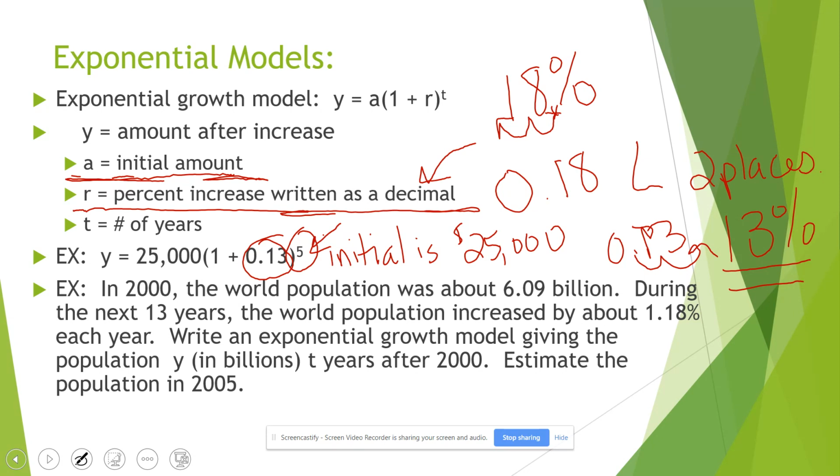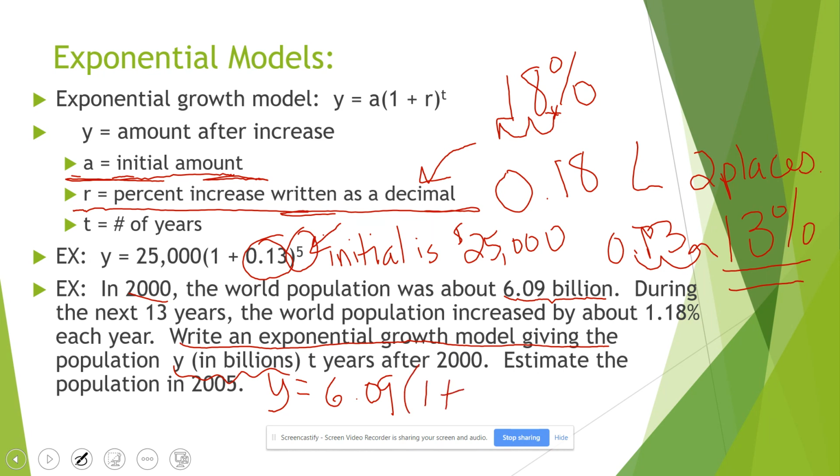The next example is asking us to start with writing the growth model. So write the growth model. We have y is equal to our initial amount in 2000 was 6.09 billion. So we're going to put 6.09 here and note that our y is going to be in billions.